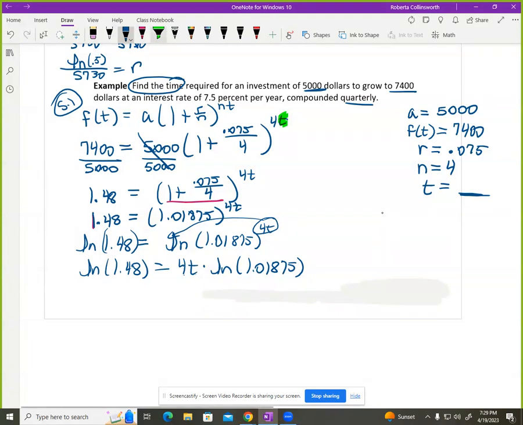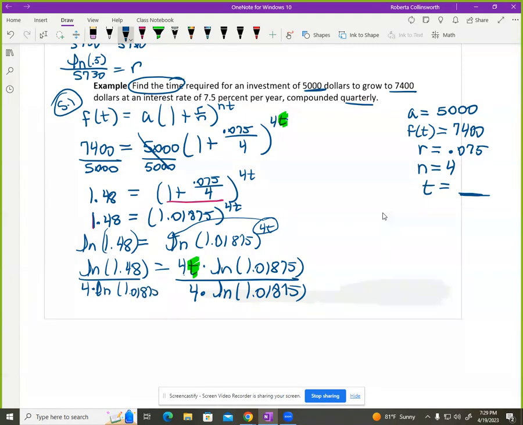So to find out what t is, I need to divide by 4 times ln of 1.01875. This cancels, this cancels. I'm just left with t. T equals whatever that is in the calculator.